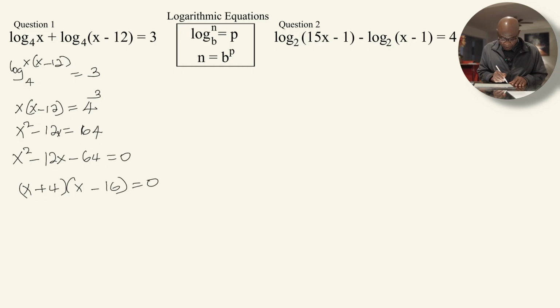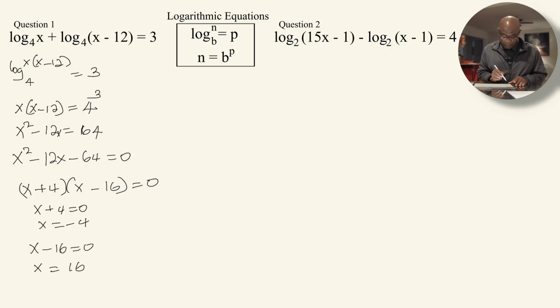So now we solve for x. x plus 4 is equal to 0, that means x is equal to negative 4. The second one, x minus 16 is equal to 0, that means x is equal to 16.